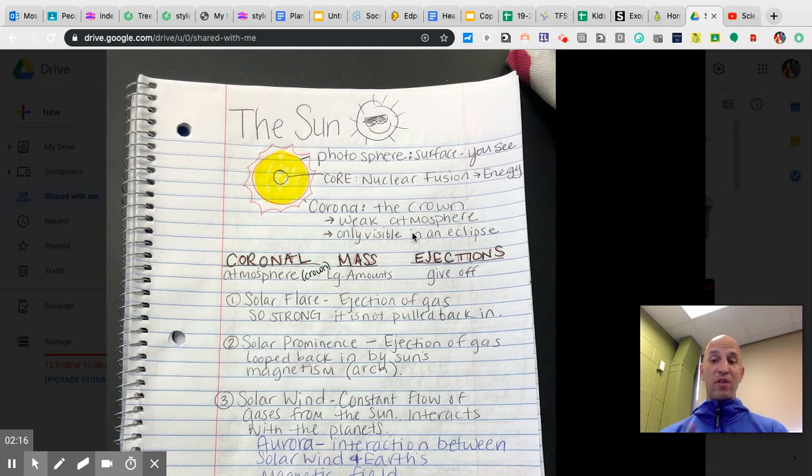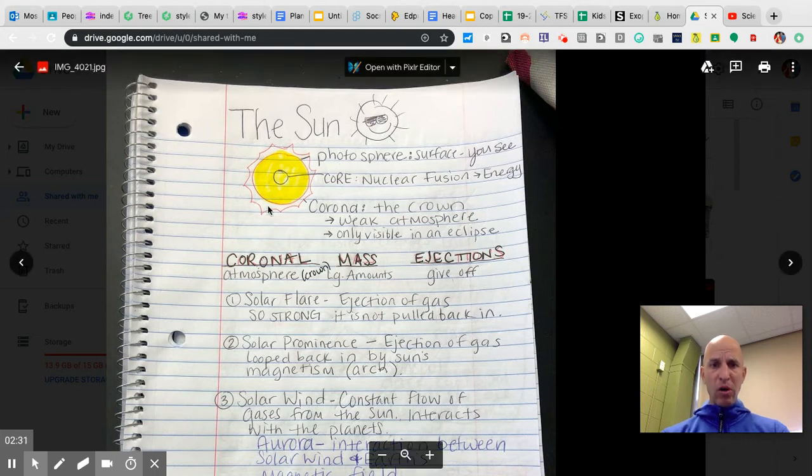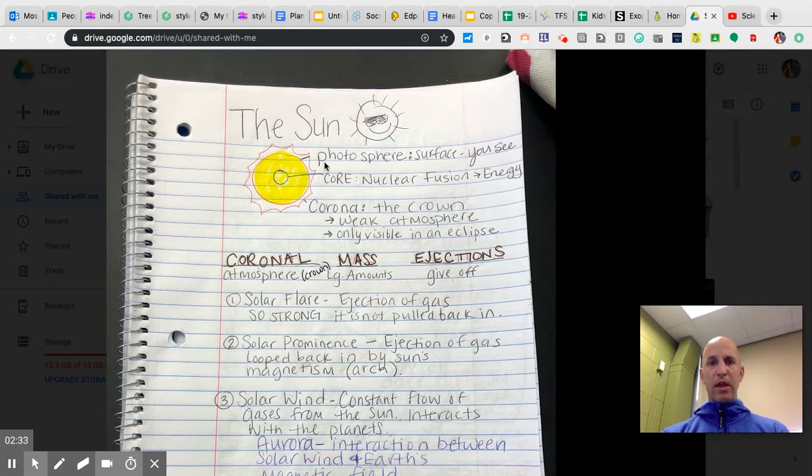Also, the corona is actually hotter than the surface of the sun. We don't know why yet, but hopefully with science and through some satellites NASA has in space now, we'll be able to figure that out. So that is the photosphere, the core, and the corona.